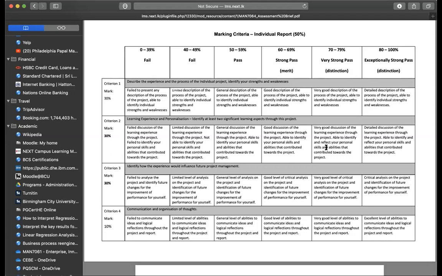Now, you need to describe what you felt when you started the project. This is something very personal, right? You need to describe what you felt when you did the project.